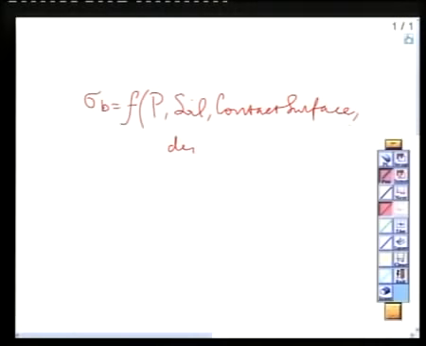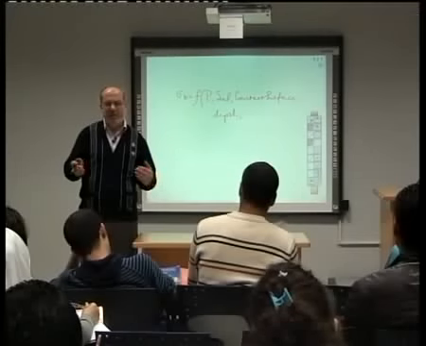Depth. For example, the stress at a depth of half a meter is not like the stress at a depth of 10 meters. As we go deeper, will the stress increase or decrease? Decrease.